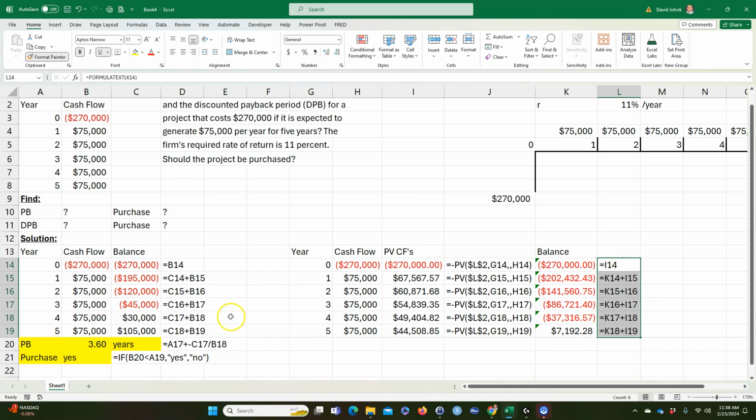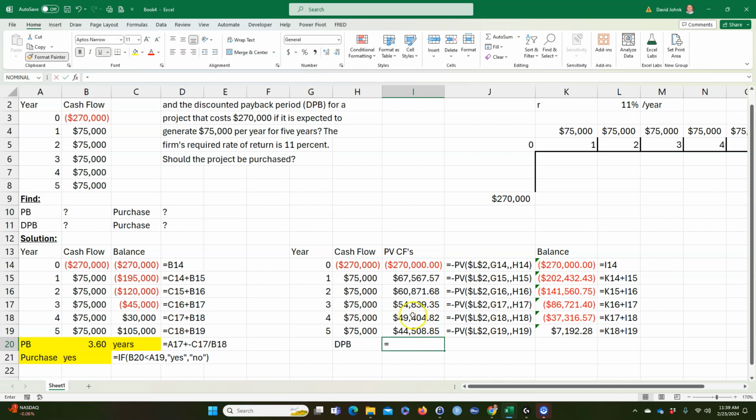Okay, so you can see this one took 3 years. Well, this one took 4 years and some fraction, didn't it? Because the last time it's negative is year 4, and then it's positive, and by the time we hit the 5th year, it's positive. So the fraction is going to be this divided by this. So I can calculate the discounted payback period.